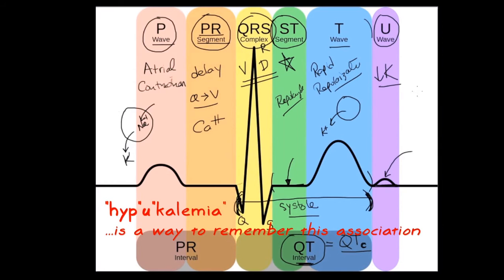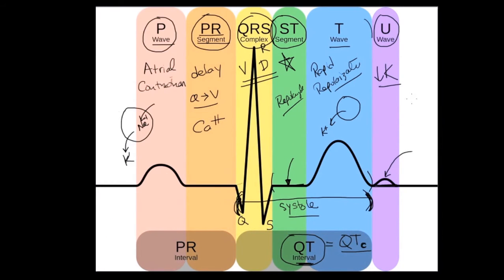It's thought to be related to the repolarization of the Purkinje fibers. There's a lot of debate about what it might or might not be, and it also doesn't appear in some leads. So if you were to completely forget about the U wave, that would probably not be too bad. However, the one thing that you should probably remember is this association with low potassium and U waves.